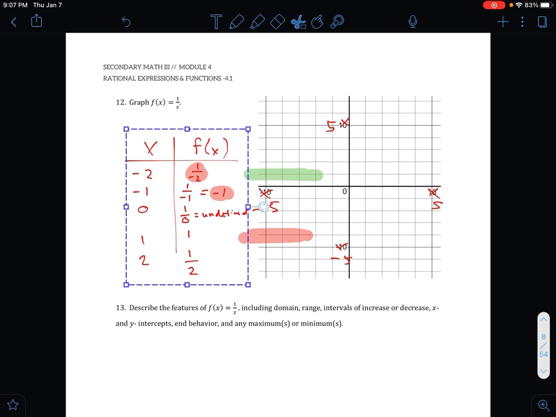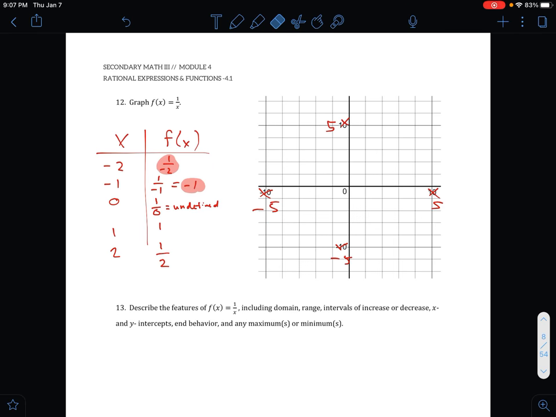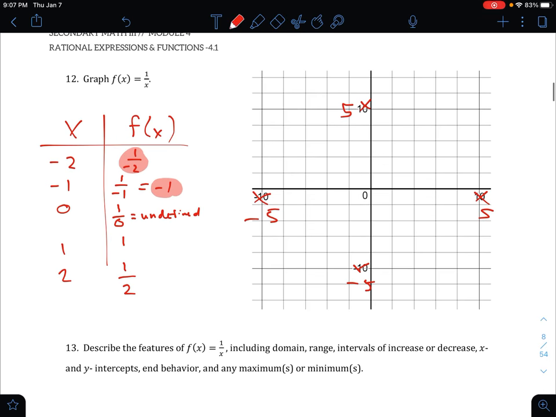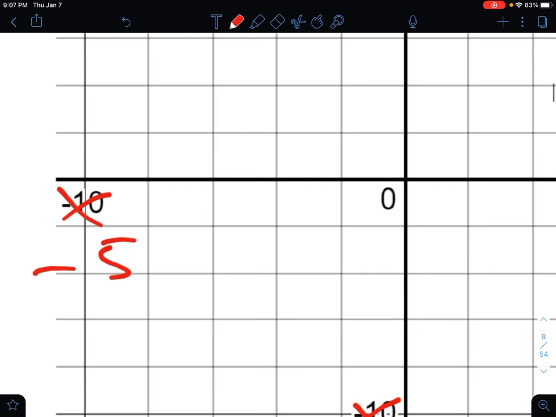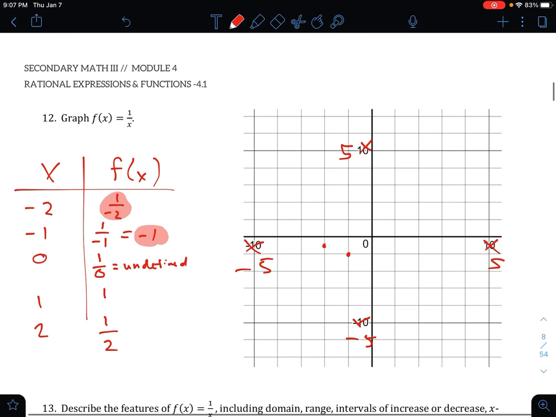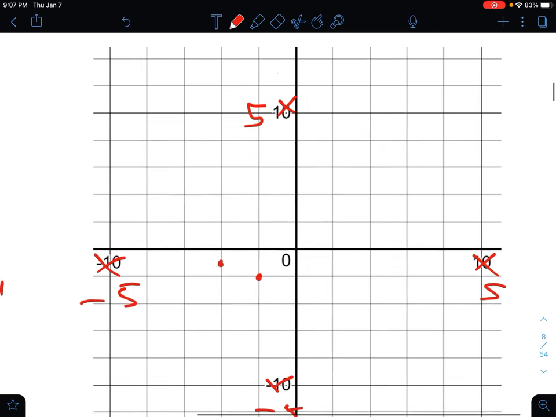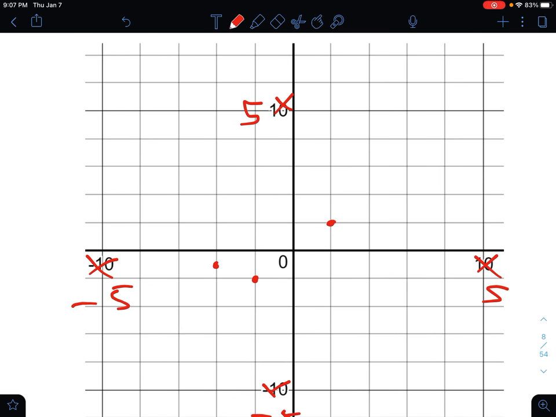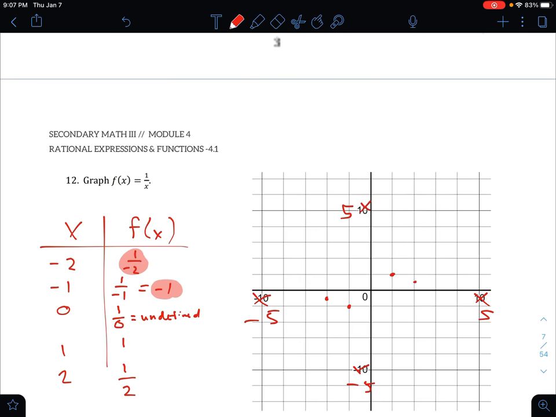You don't have to do that. You can just write them on your graph. I'm fine with that. So we're going to graph negative 2, negative 1/2. So we'd end up right there. We get 1, negative 1. 0 is undefined. Then we get 1, 1, and 2, 1/2.